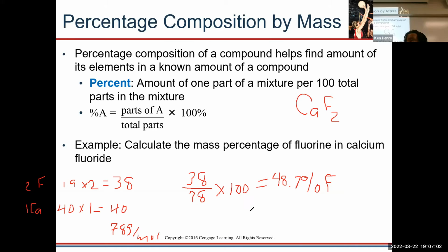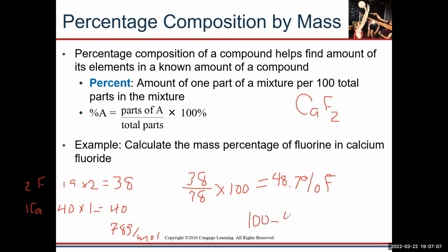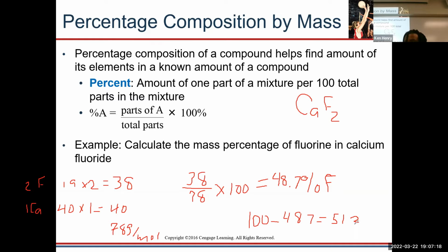So 100 minus 48.7, it's 51.3. Or I could have done it the other way, where I just put 40 divided by 78 and multiply that by 100. Both ways should give me the same answer.